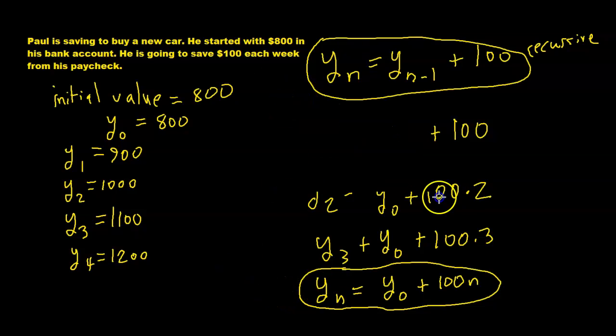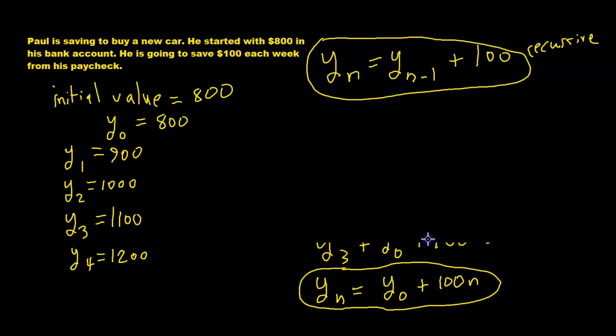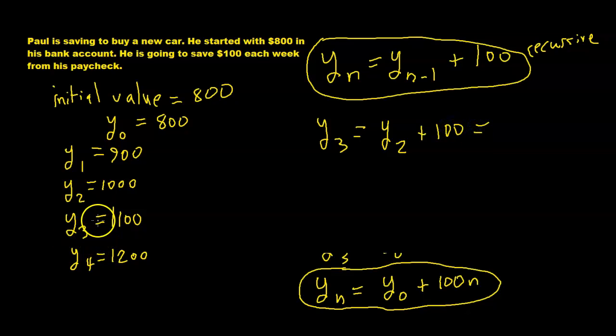So let me just show you. We can be sure that we're going to get the same results no matter which one of these we use, right? What if we wanted to calculate, let's say, y3? If we wanted to calculate y3 using the recursive formula, we would find the previous term, y2, and add our common difference, right? We'll look at our list. What is y2?